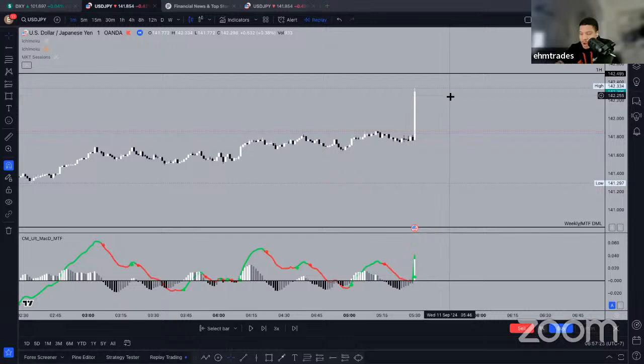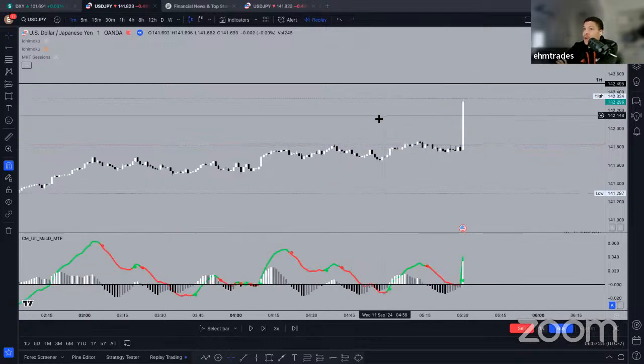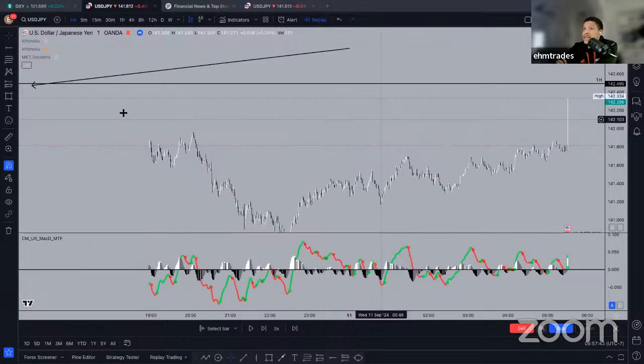What balances price? News. What imbalances price? News, right? The news balanced price with that buy up, right? So it balanced price on the seller's side.